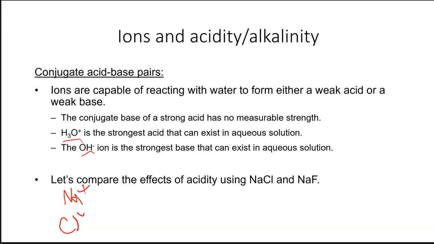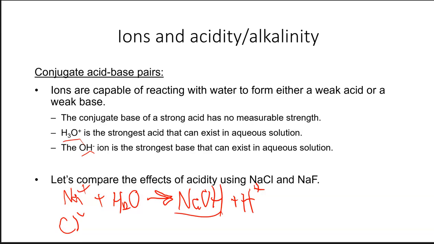And when these ions are floating around, they could potentially react with water to produce NaOH and H+. The problem with this is sodium hydroxide is a strong base. And since it's producing a strong base, it would immediately dissociate back into the reactants, meaning no reaction occurs here.